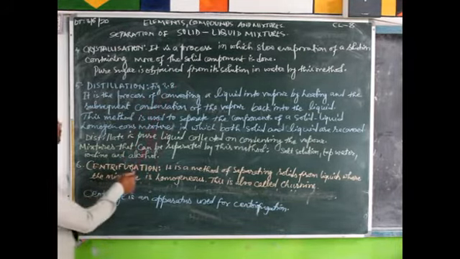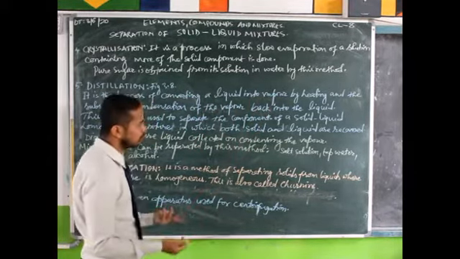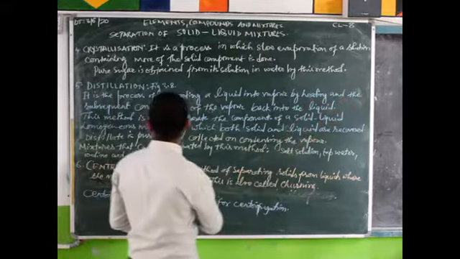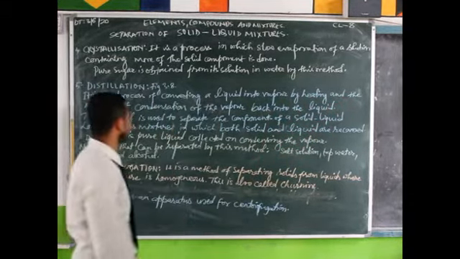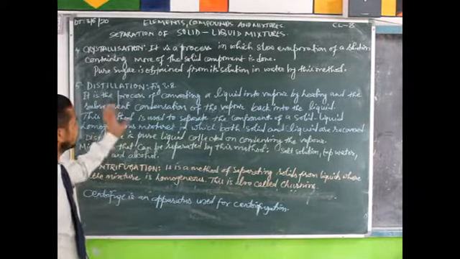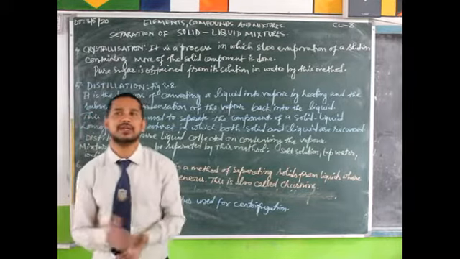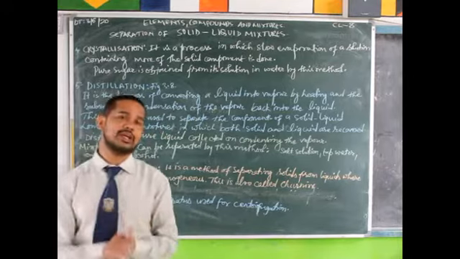Distillation is the process of converting a liquid into vapor first by heating, and the subsequent condensation of the vapor back into liquid. It involves evaporation and then condensation.